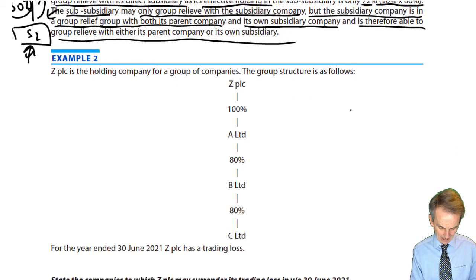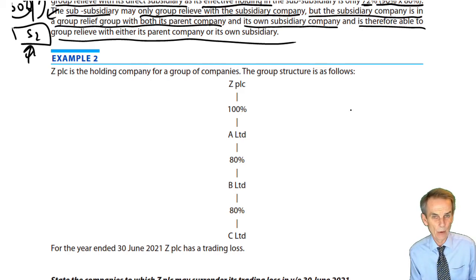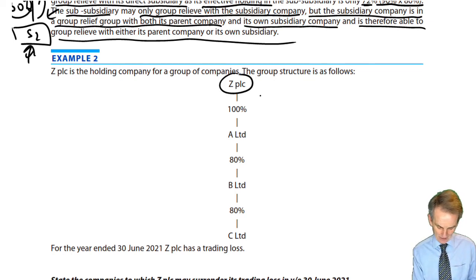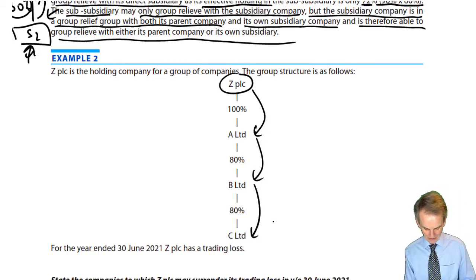You then have example 2, where, again, a bit of a nonsense in terms of real life, unless you're trying to launder money and you want a complicated group structure. But what we've got is, starting with Z PLC, ownership in a sub-subsidiary, and we go a step down to C Limited.